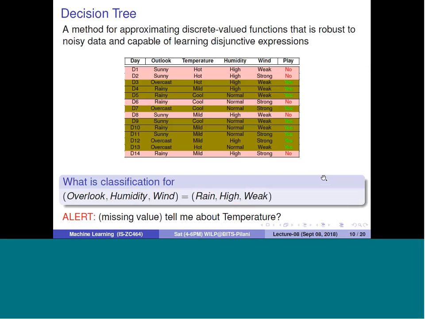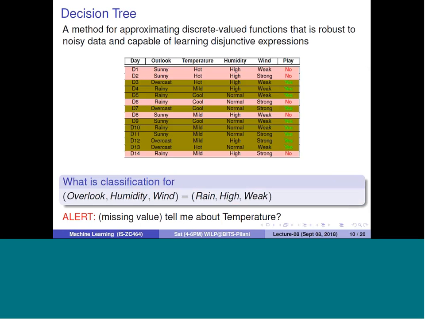What do I mean? Here outlook, temperature, humidity, and wind are given. Can you find out what the cost of measuring humidity is and what the cost of measuring temperature is? The cost of measuring temperature may be very cheap, but the cost of measuring wind may be higher. The cost of measuring outlook may be higher.